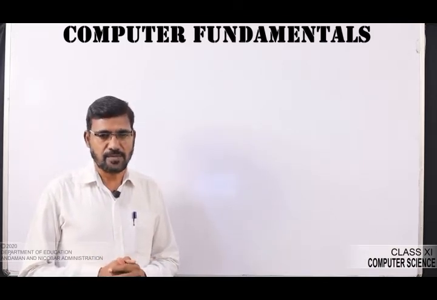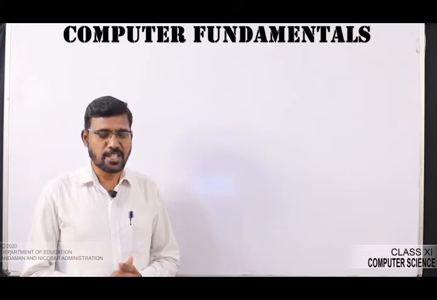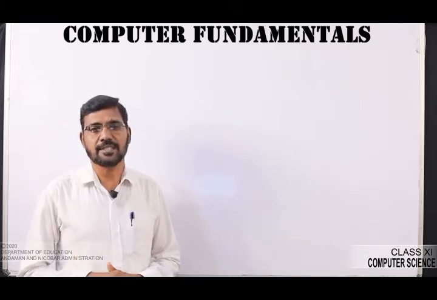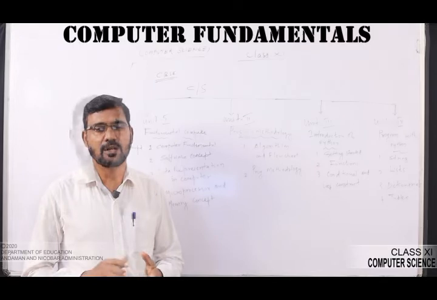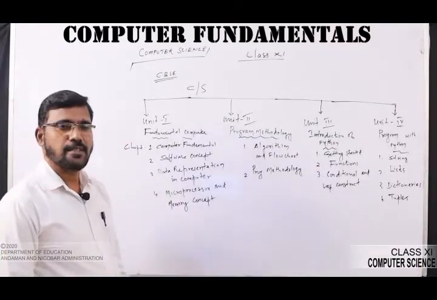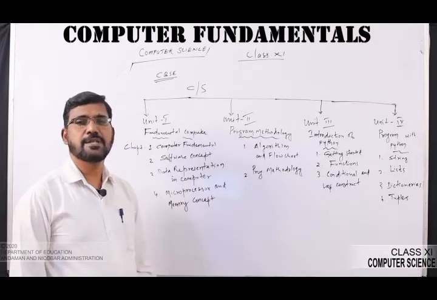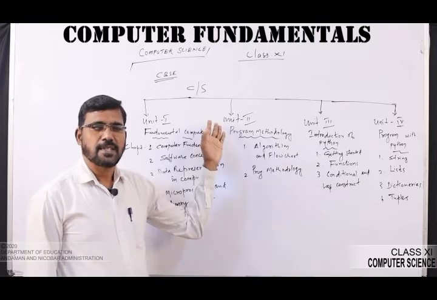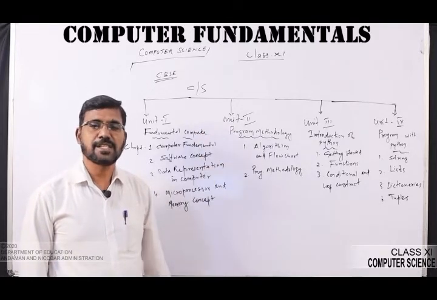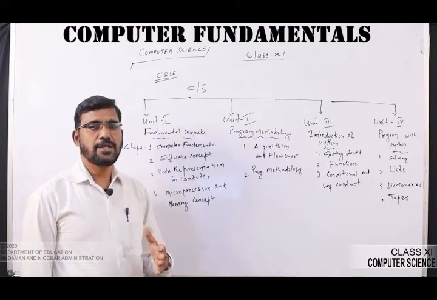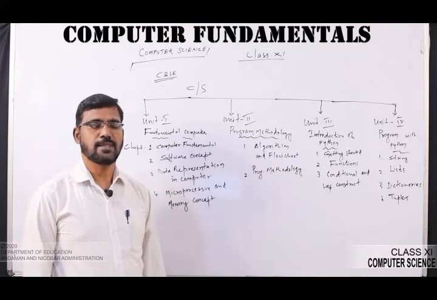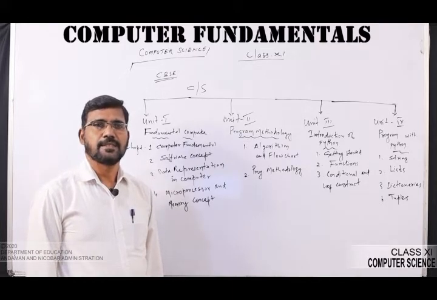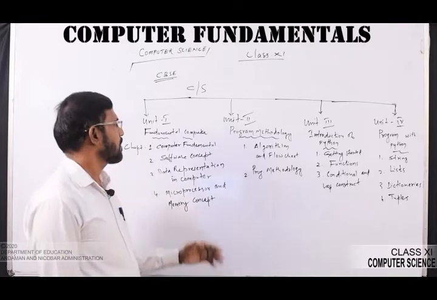Let us switch over to our next computer science topic, the computer science syllabus and curriculum. Dear students, the class 11th CBSE curriculum is framed in such a manner that you can easily go through it.